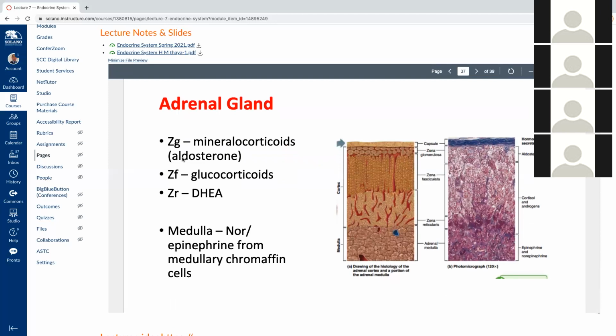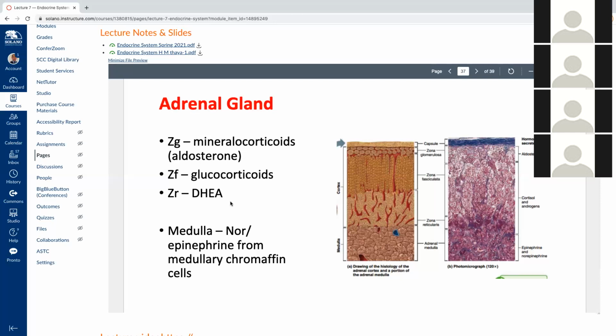Zona glomerulosa will produce mineralocorticoids. Fasciculata will produce glucocorticoids, so steroid hormone, and zona reticularis, DHEA, dehydroepiandrosterone, which is the sex hormone.